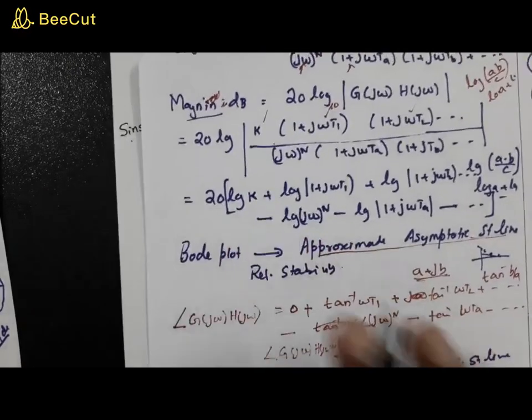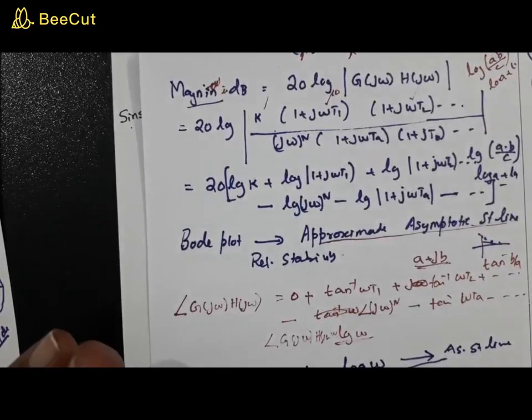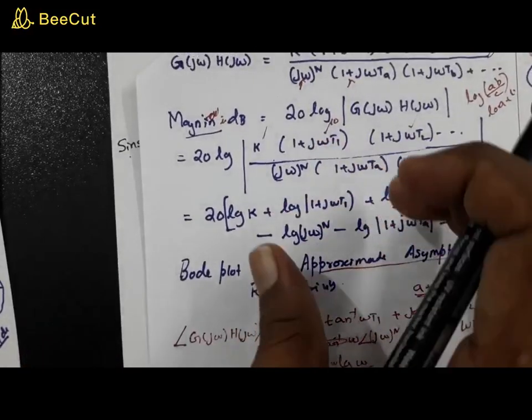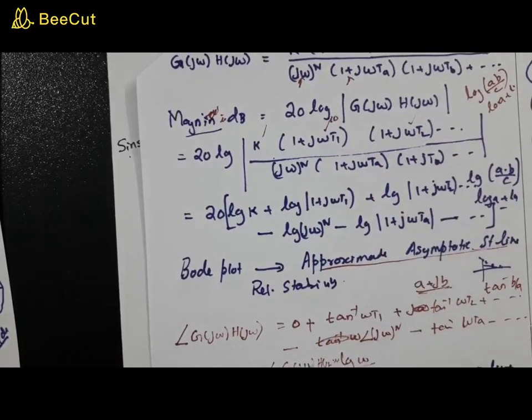In this case, we are not interested in that accurate plot. We are interested in the variation of the magnitude as omega varies.